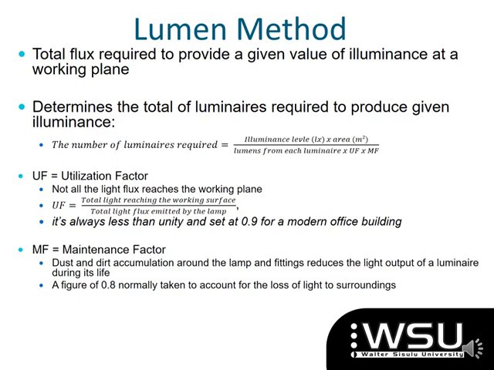So that UF can be presented as the total light reaching your working surface compared to the total light flux emitted from that lamp. And it's always a value less than unity, because the light emitted from the lamp is what would have been your unity value.